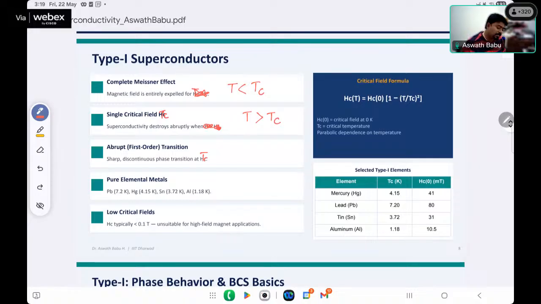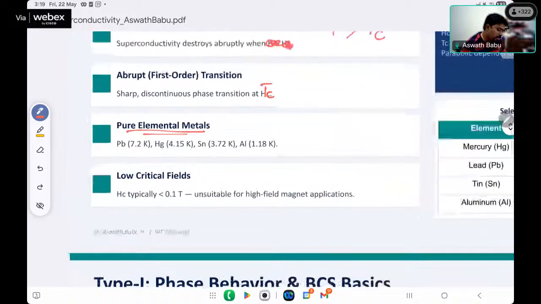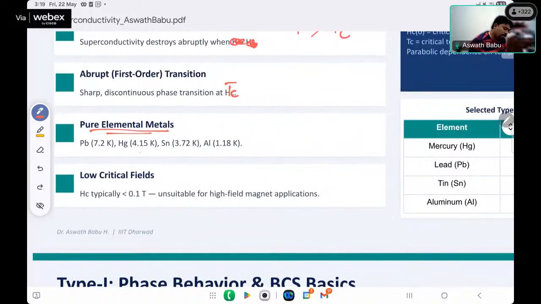Why is it so? You can see on the right side there is an equation which tells you, at any given temperature, what the field is, the critical magnetic field Hc. From there you can see that. Some examples are pure elemental metals. We have lead; the critical temperature needed for that is 7.2 Kelvin.